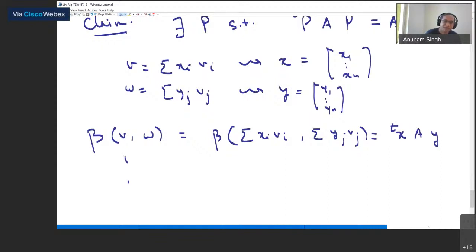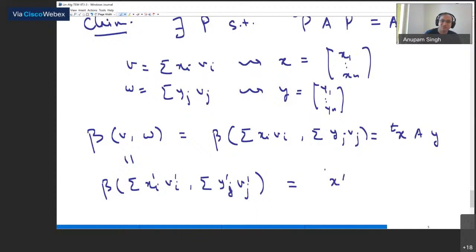The same thing, using the other basis, is summation over x_i dash v_i dash and summation over y_j dash v_j dash, and this time it turns out to be x dash transpose A dash y dash.